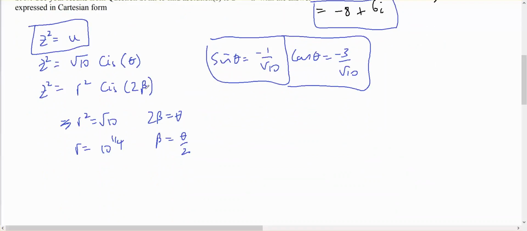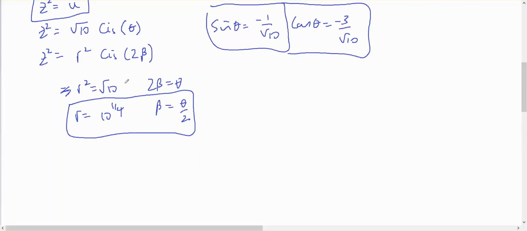I'm using beta since theta has already been used. Which means that this is going to be what my angles equal for Z. So Z is going to equal 10 to the 1/4 cis of theta on 2, or beta.